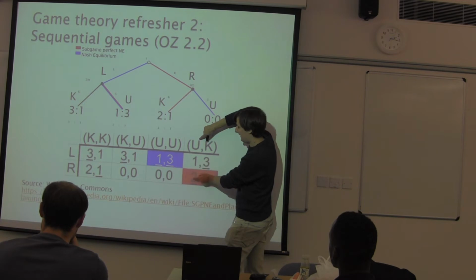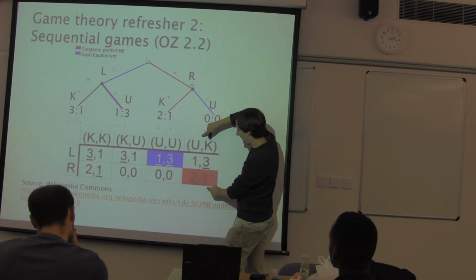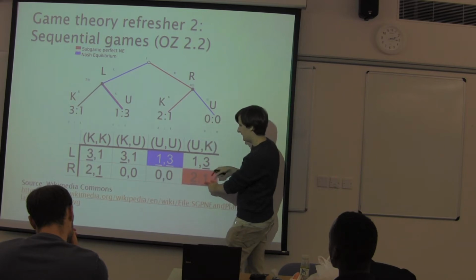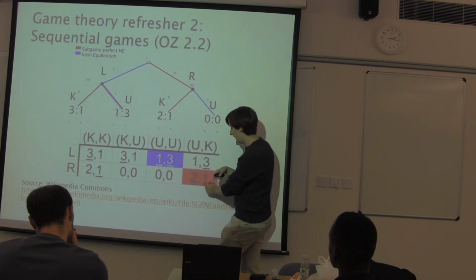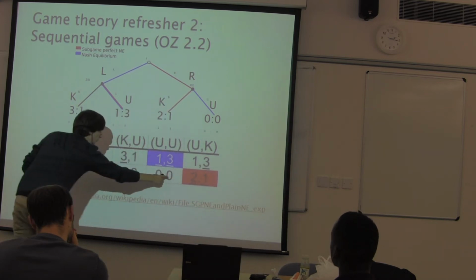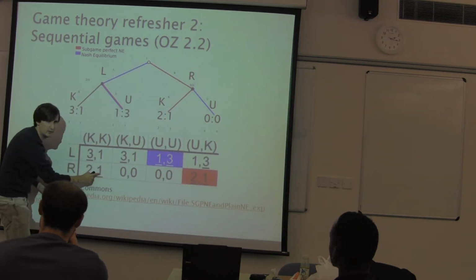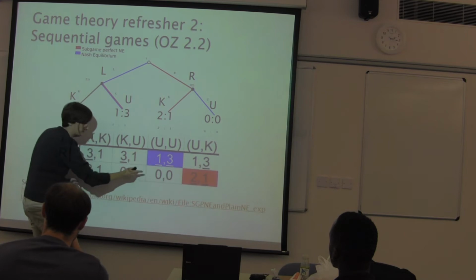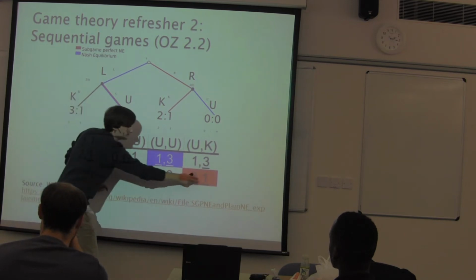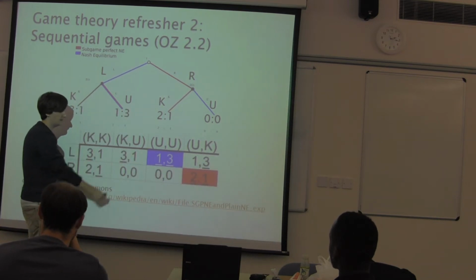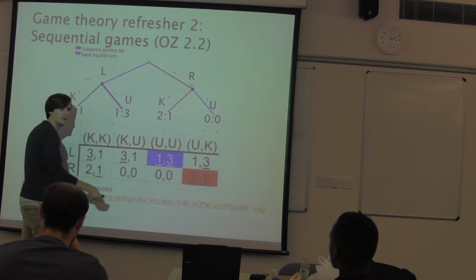The row player would always prefer 2 rather than 1, so they want to play R. Likewise, the column player, given that the row player is playing R, has a choice of 1, 0, 0, or 1. And 1 is weakly better than all of them, so they're happy to play it, and they don't deviate. You can do exactly the same thing here.